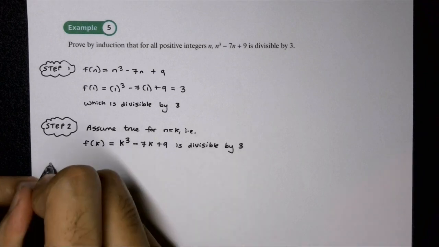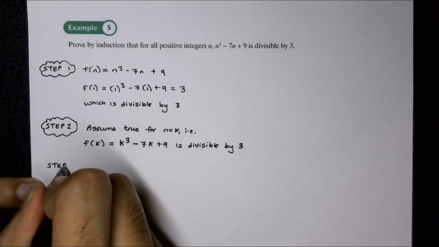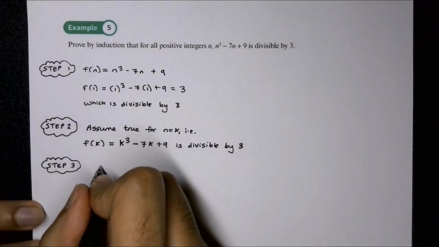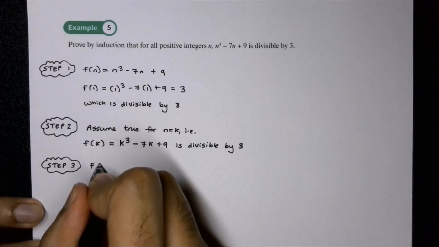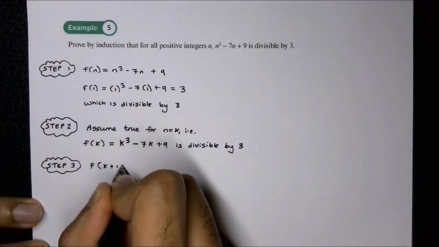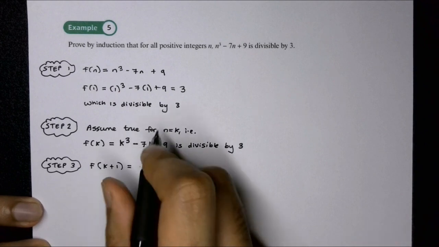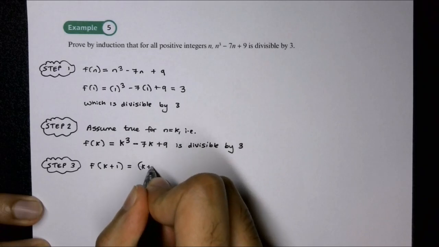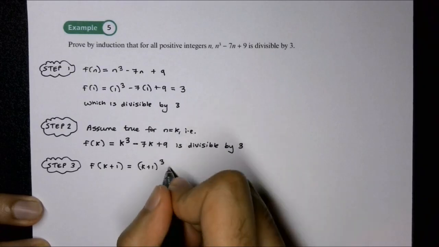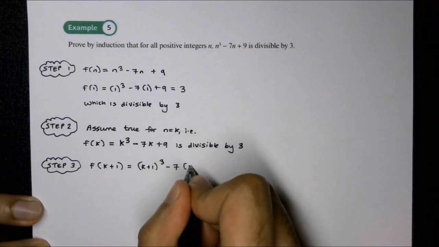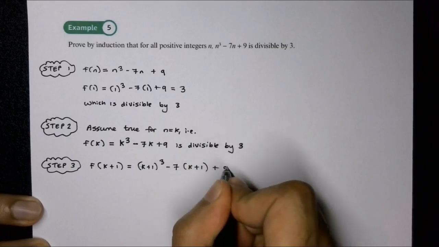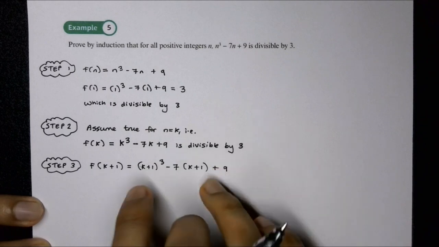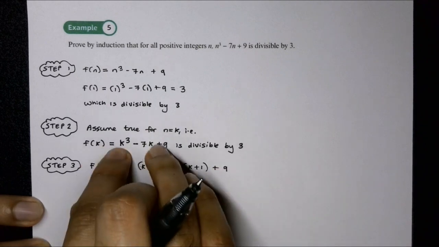And for our third step, the inductive step, we will see what happens when n is equal to k plus 1. So when n is equal to k plus 1, f of k plus 1, that's equal to k plus 1 all cubed minus 7 lots of k plus 1 plus 9. And the idea over here is to make all of this similar to this before we move any further.